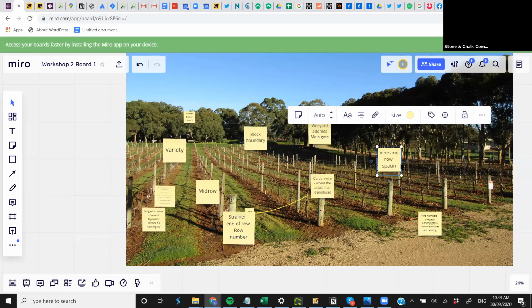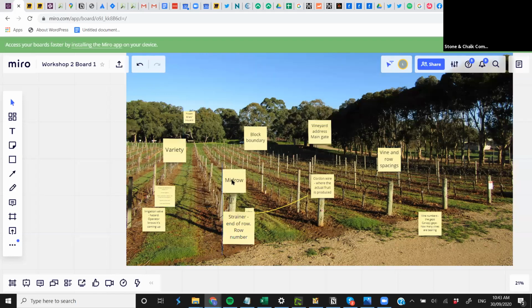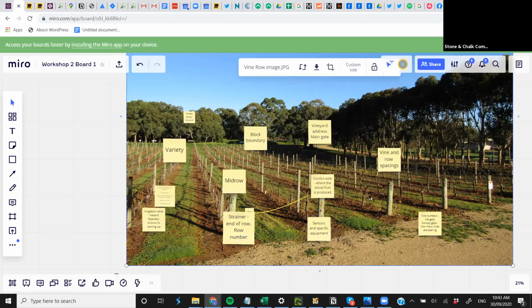Yes. One more you might like to add is sensors or specific equipment within each row at certain locations.